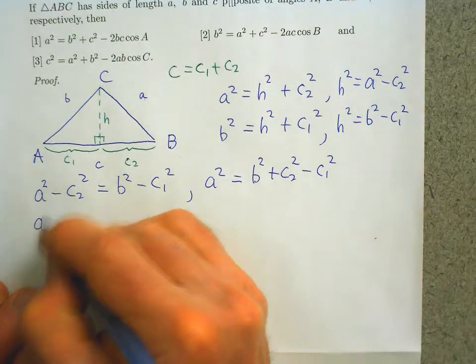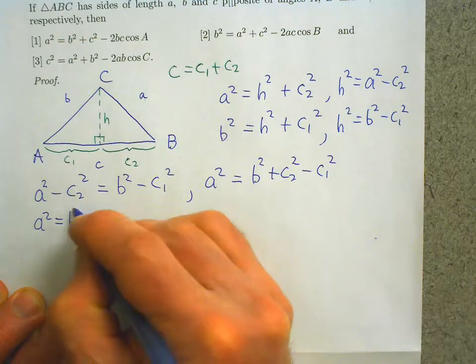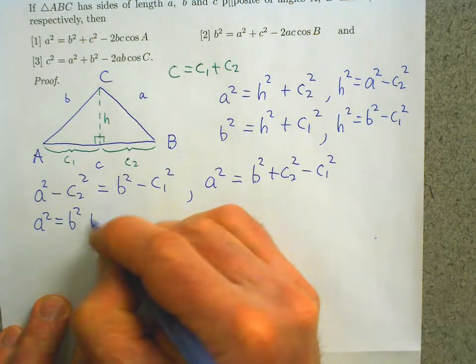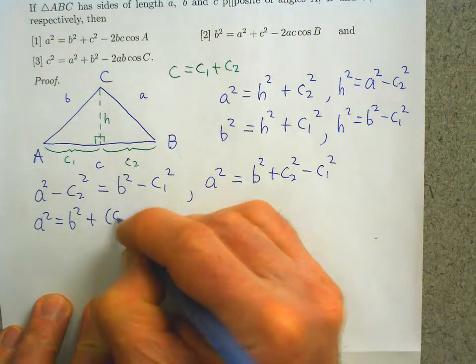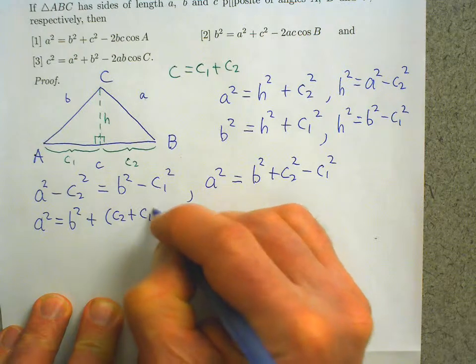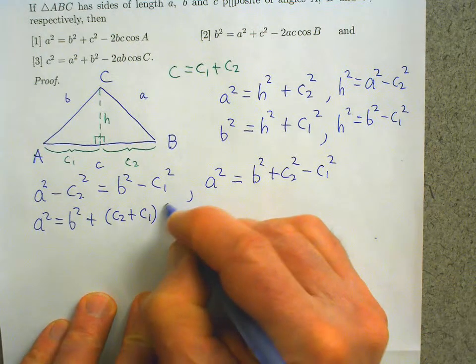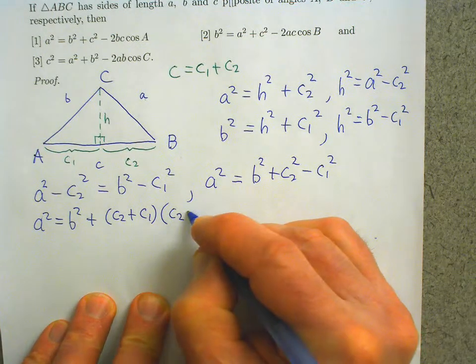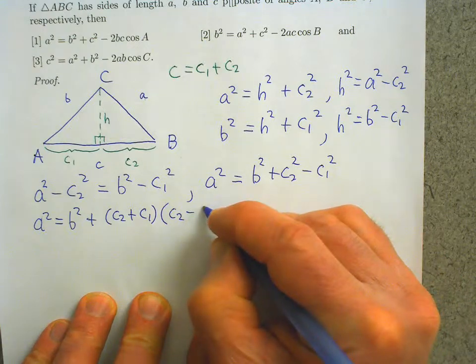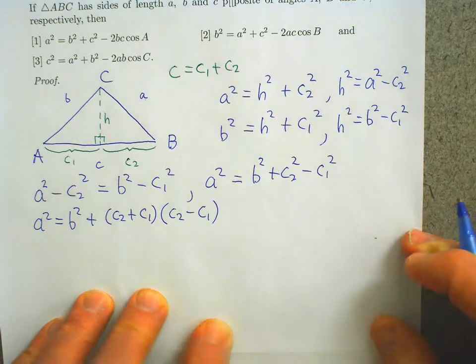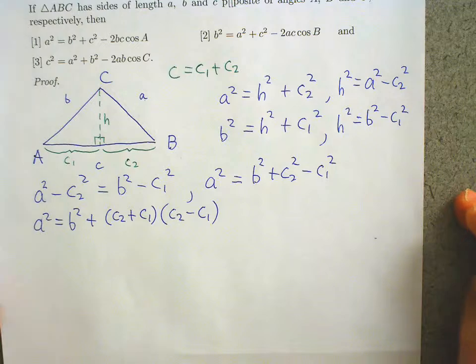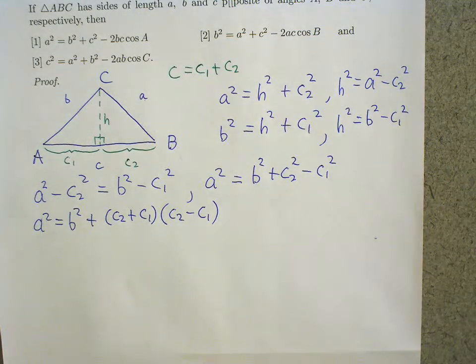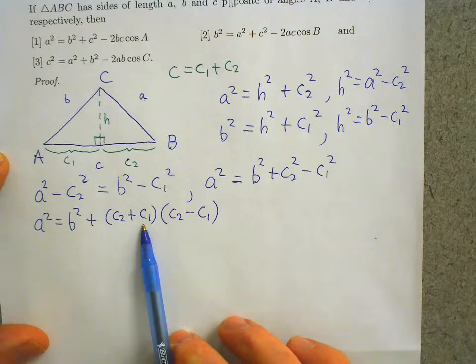So we get a squared equals b squared plus the quantity c2 plus c1 times the quantity c2 minus c1. Well, c2 plus c1 is equal to c.